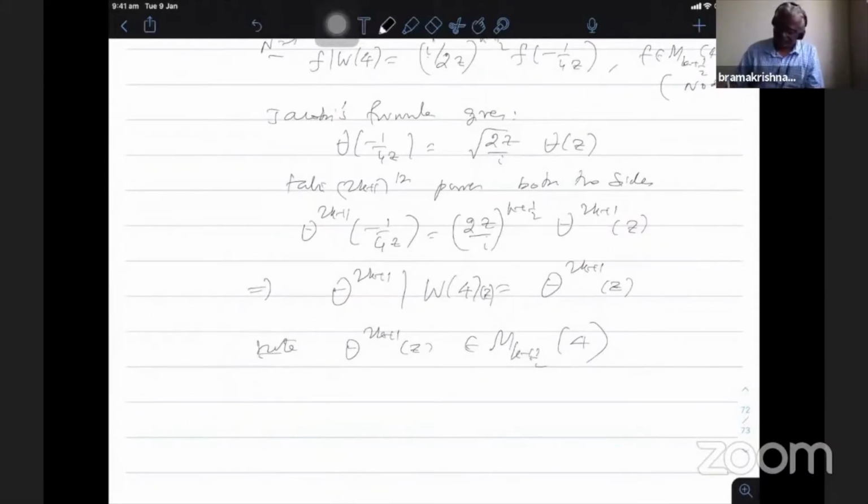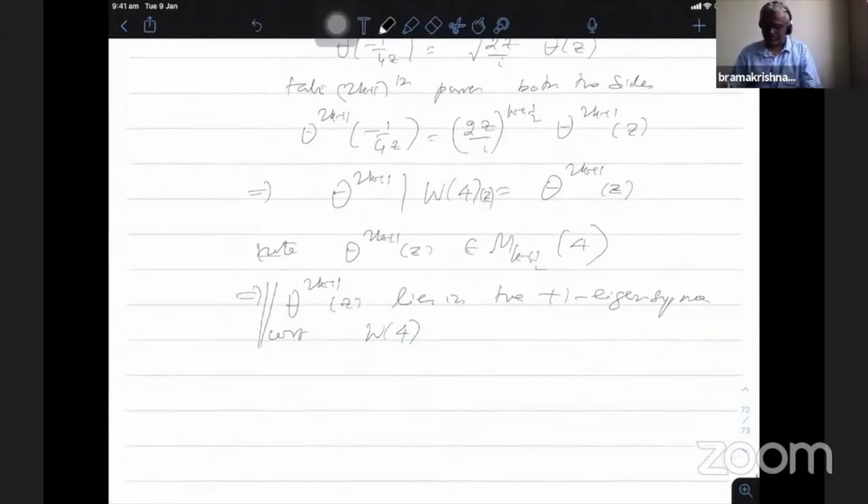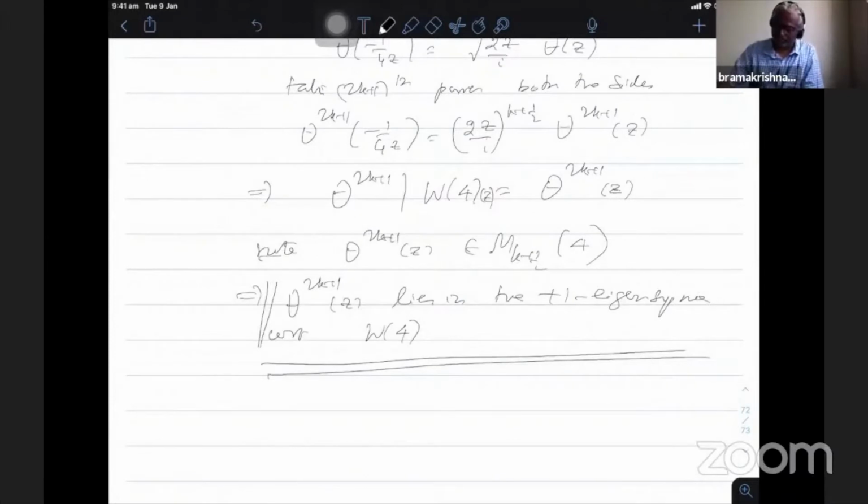So in this case, theta to the power 2k plus 1 of z lies in the plus 1 eigenspace with respect to W4. In today's lecture, we will see that this theta under certain Shimura maps is mapped to a level 1 modular form. So that is the whole purpose today.